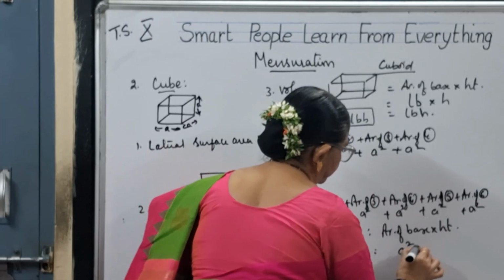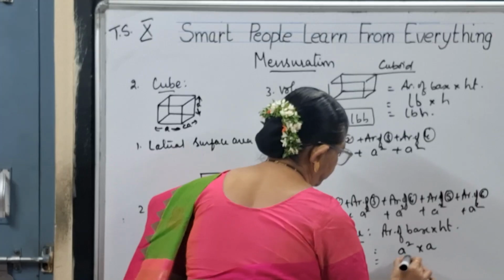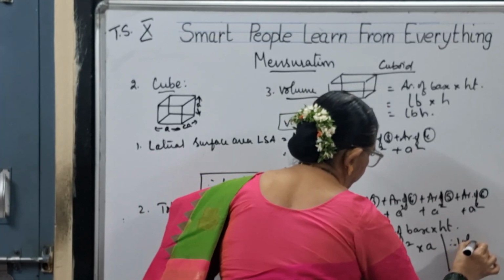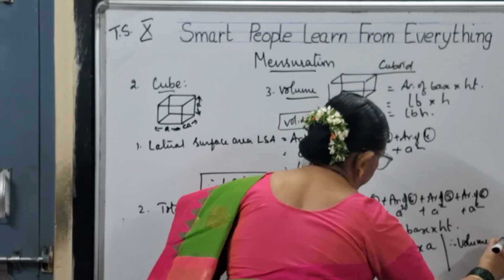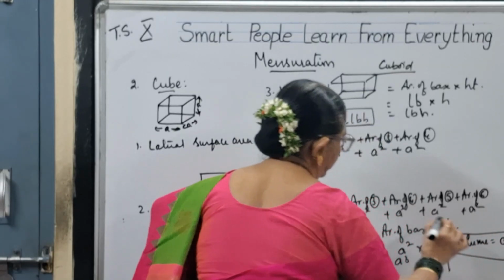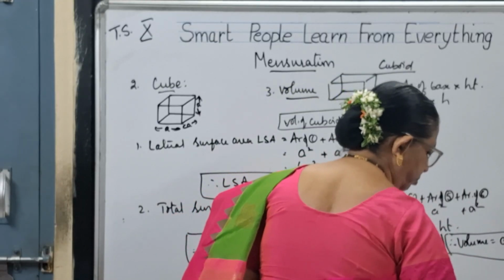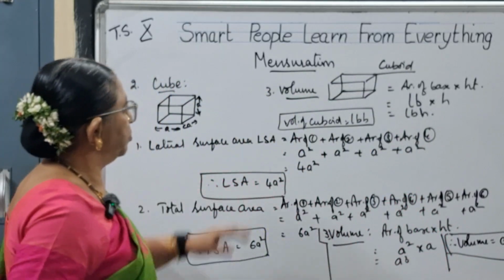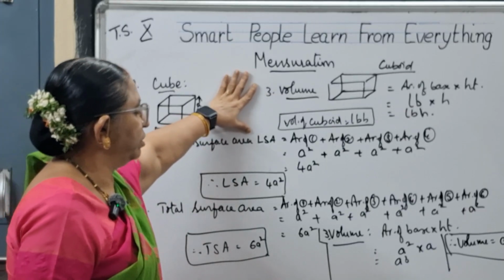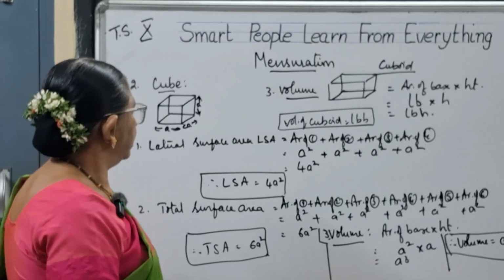Area of base is a square, into height which is also a, that means a cube. Therefore, volume is equal to a cube. For a cube, volume is a cube. For a cuboid, it is length into breadth into height. This part you write in the cuboid, children. I have forgotten. So first you write this, then you start with the cuboid and cube.